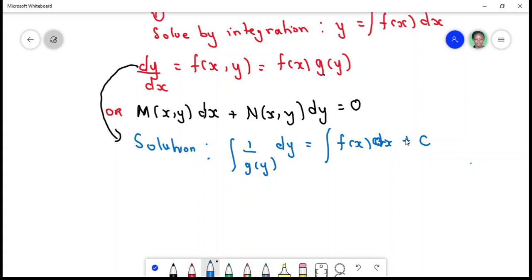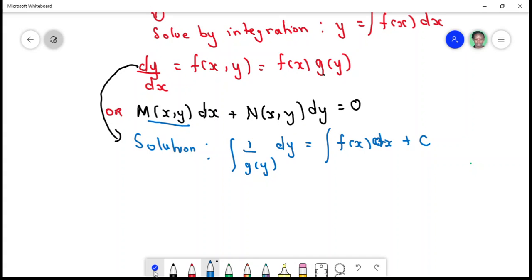Technically, what we are trying to do is group all the variables: all the x with the x on one side and all the y with the y on the other side.